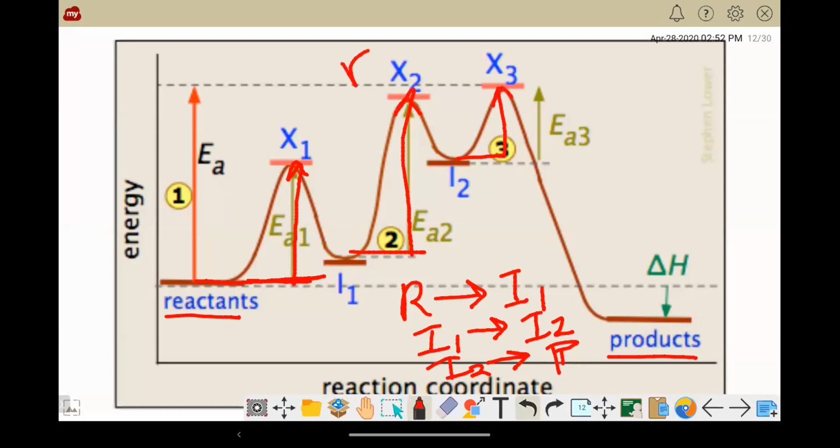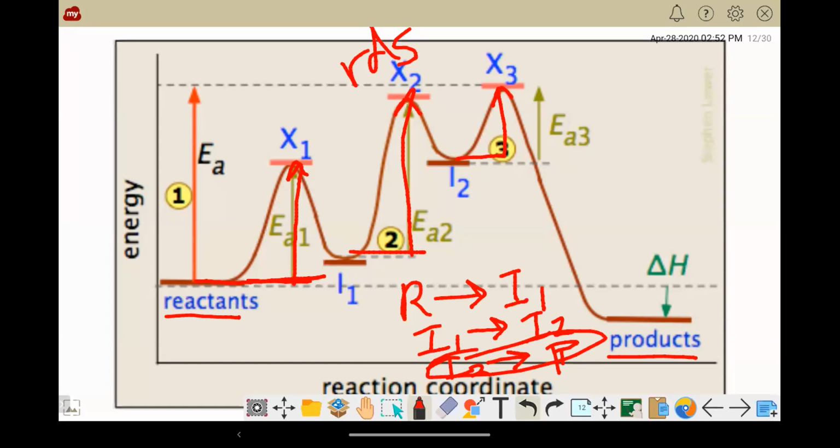And so what that tells me is this guy is the RDS, or the rate determining step. And so any reactant that might be involved in this third step of the mechanism isn't going to be in the rate law. Because as soon as intermediate 2 forms, it reacts with whatever and makes product, it's good to go.